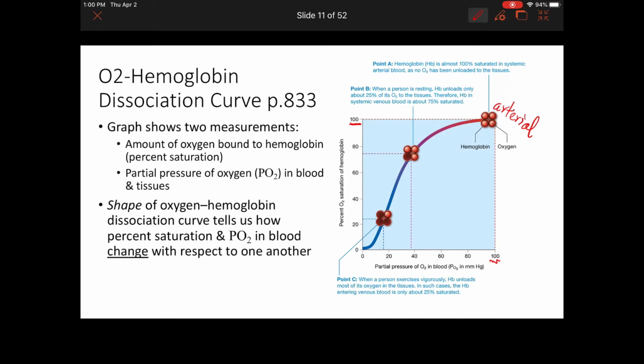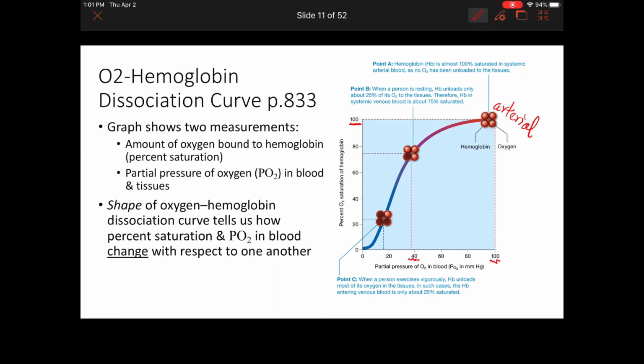So if we were to measure the percent saturation of hemoglobin in venous blood, we would find that the partial pressure of oxygen in venous blood is approximately 40 millimeters of mercury.